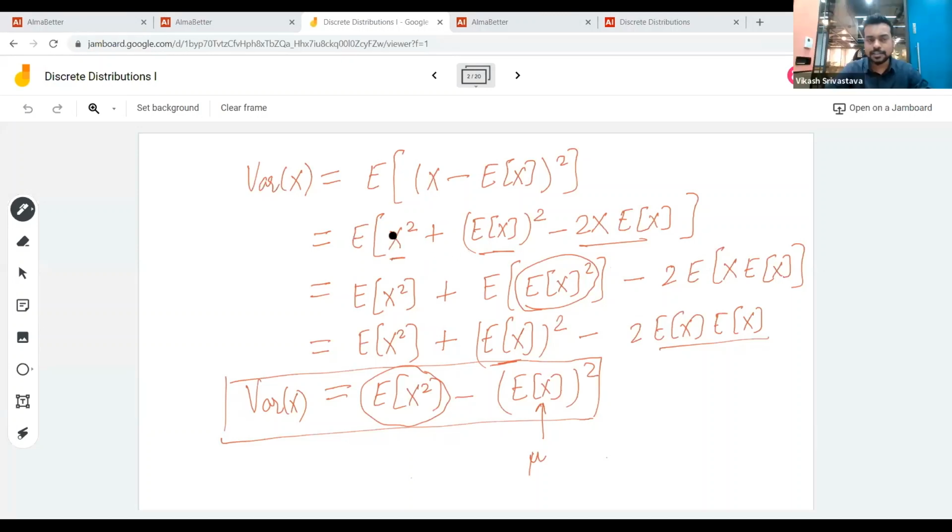Essentially, what I told you is, let's say you have this term, this term, and this term. You can distribute your expectation operator over each of these terms. So for x squared, we can write the expectation of x squared, plus the expectation of, and then within the square brackets you have this term. Similarly here, you can put 2 here as well, but 2 can come outside.